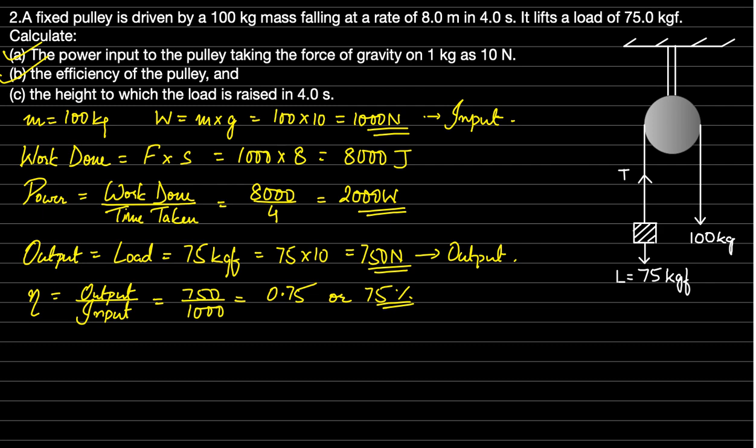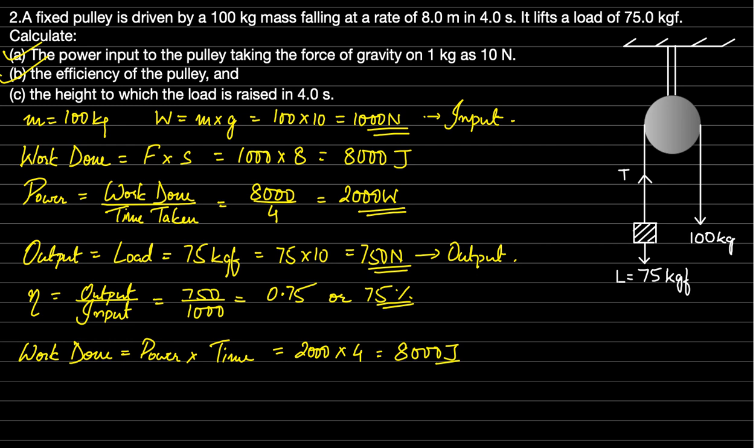Otherwise, we can use the formula work done is equal to power into time. Now how much is the power we got? We got the power as 2000 into time is given in the question, as we can see it is 4 seconds. So we get this as 8000 joules.